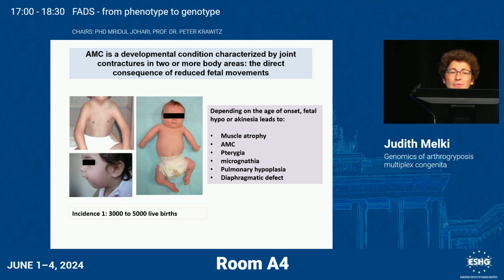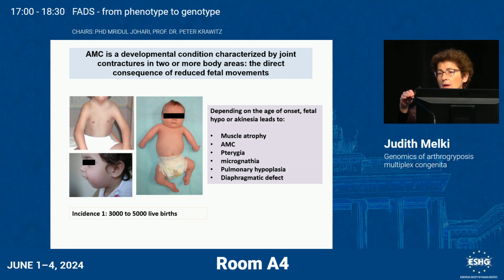So just to remind the definition of AMC, which is a developmental condition characterized by joint contractures in two or more body areas, and it's a direct consequence of reduced fetal movement.